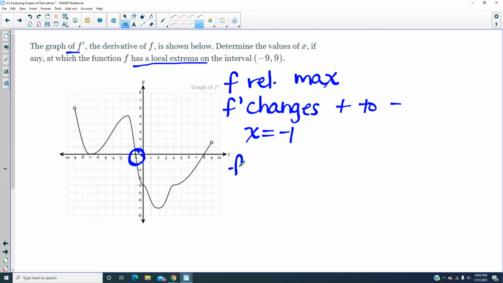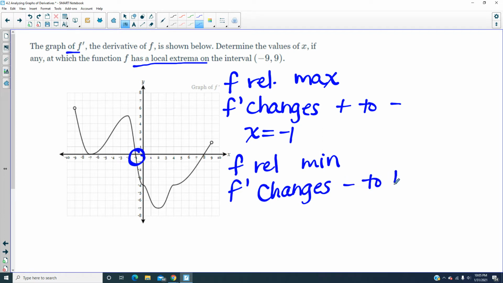Then if I want to find f to have a relative min, that would happen when f prime, according to my chart, would change from negative to positive. So negative being in quadrants 3 and 4, and then positive would be quadrants 1 and 2.